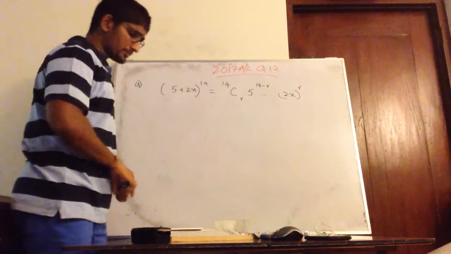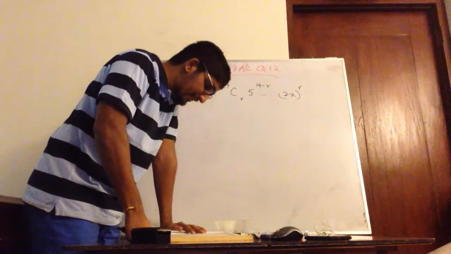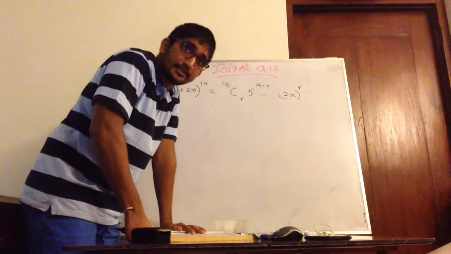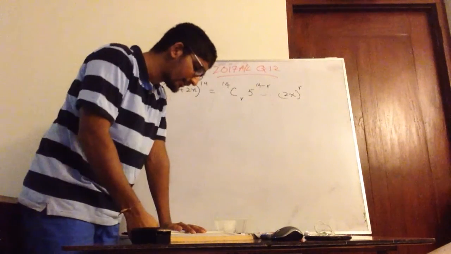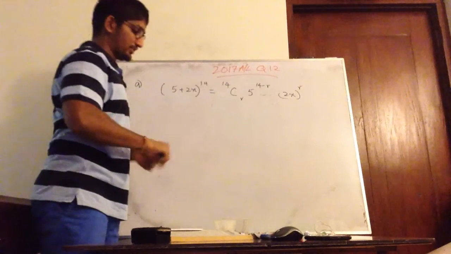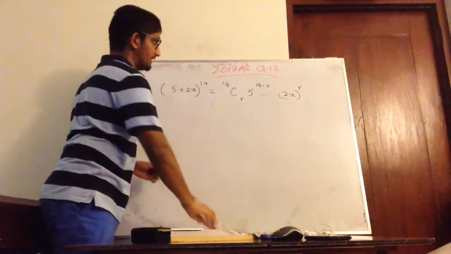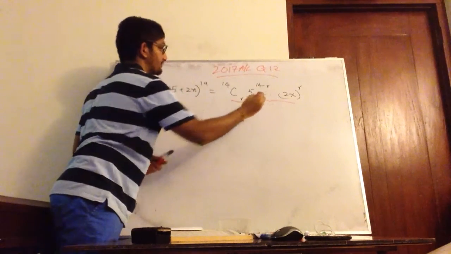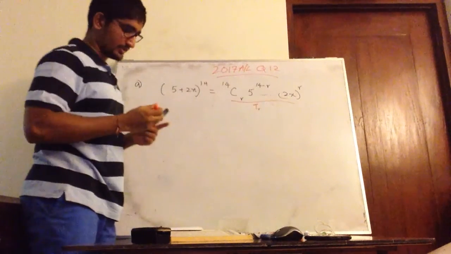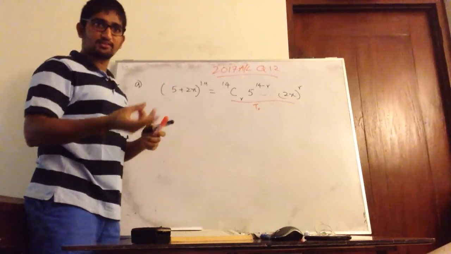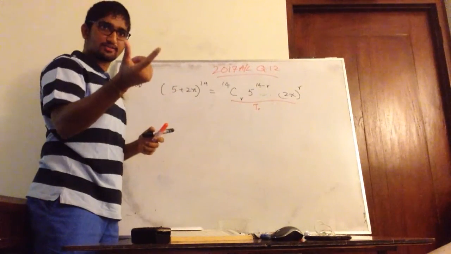Then they are saying let T_r be the term containing x^r in the above expansion. So this part is named as T_r, containing x^r. That's what's important, as some people forget that this x^r part is also there.